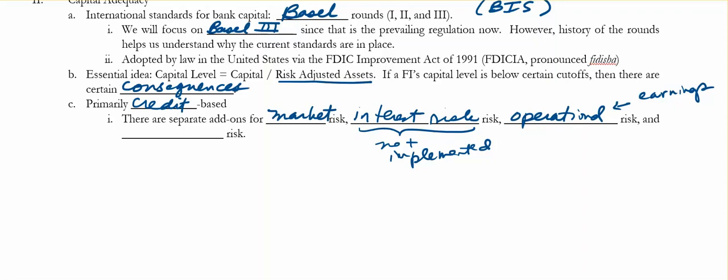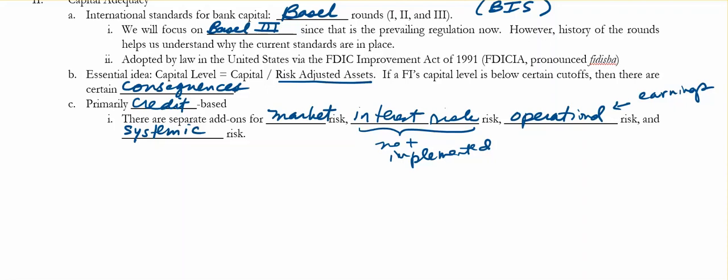And one that's particularly new, since the financial crisis of 2008, is systemic risk. And this is the risk where we have to take into account that banks are connected to each other.